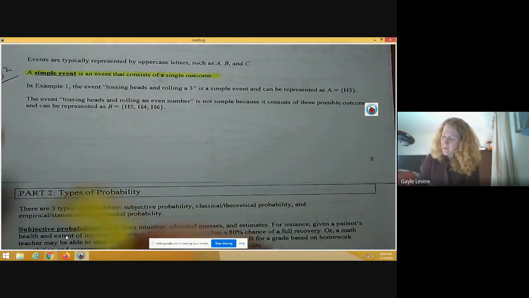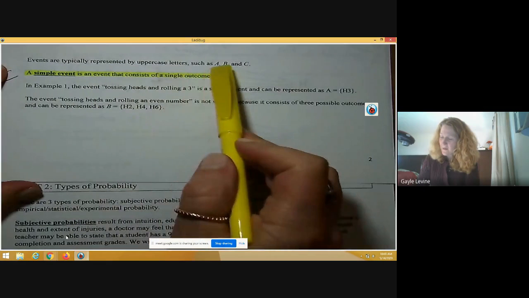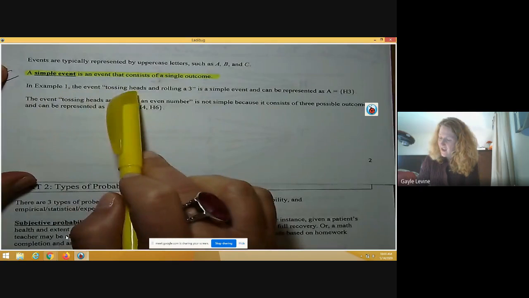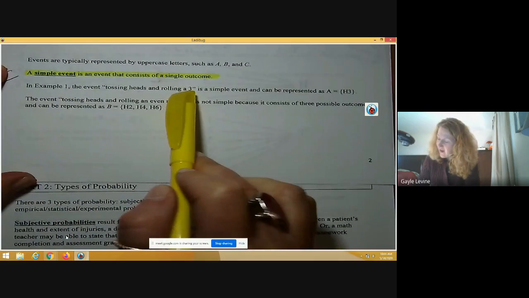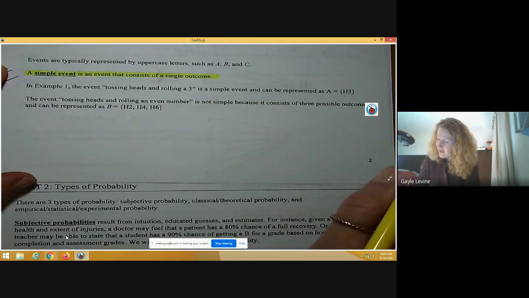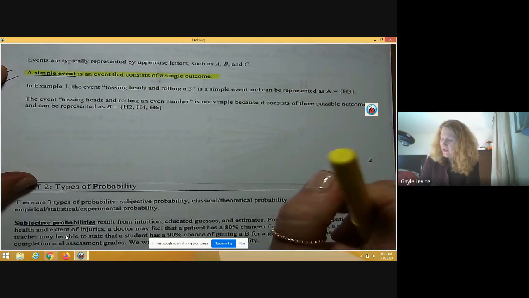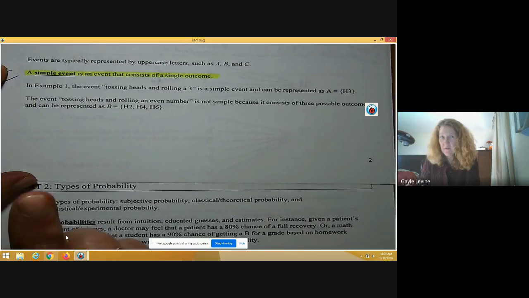Events are typically represented by uppercase letters such as A, B, and C. So in example 1, the event of tossing heads and rolling a 3 is a simple event and can be represented as A equals H3. The event tossing heads and rolling an even number is not simple because it consists of 3 possible outcomes that can be represented as B. So a simple event has just one outcome.